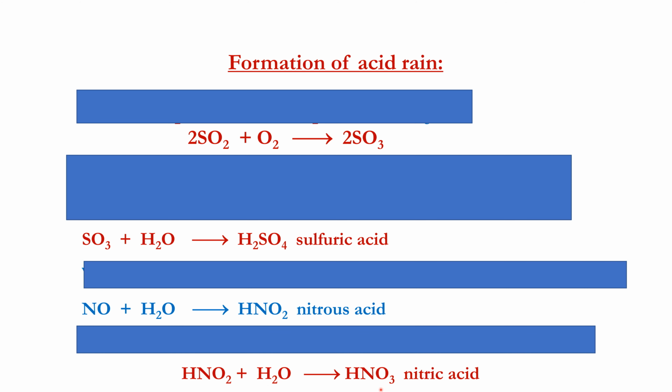So again, this nitric acid has this hydrogen atom. So when nitric acid ionizes, it will release one H plus ion, and this H plus ion adds to rain and increases its acidity. So this is how acid rain is formed.